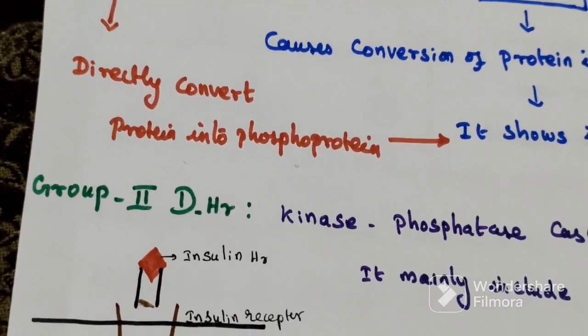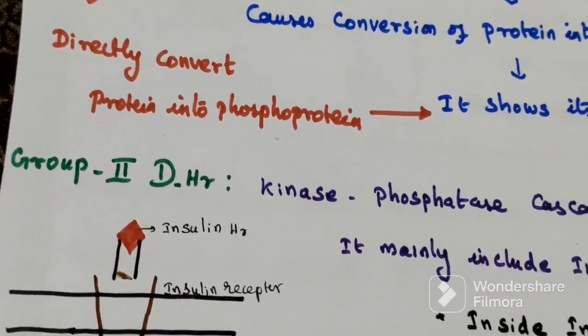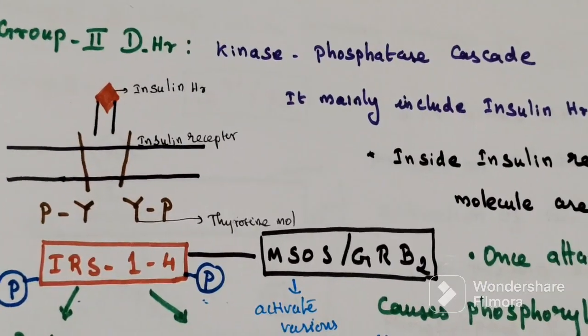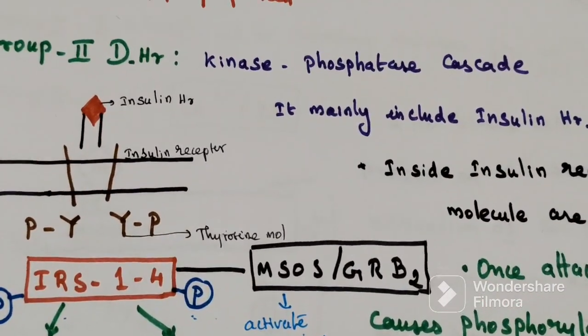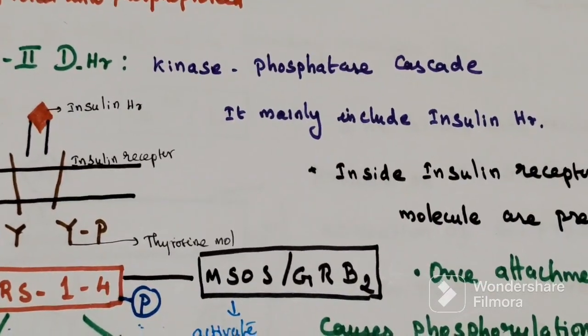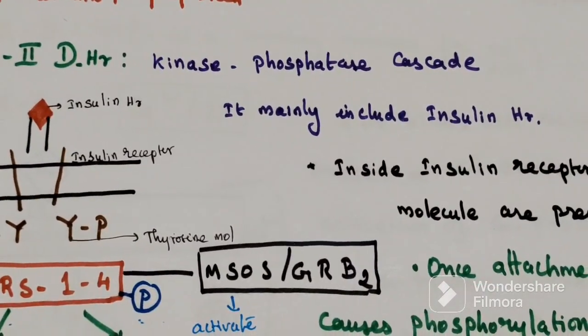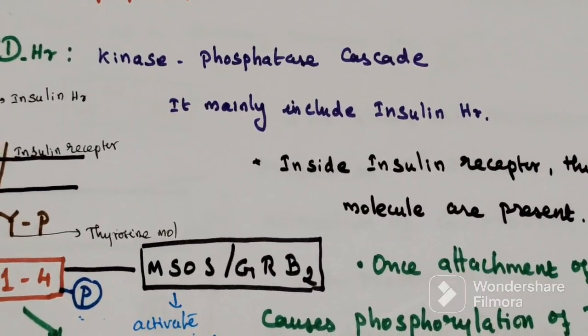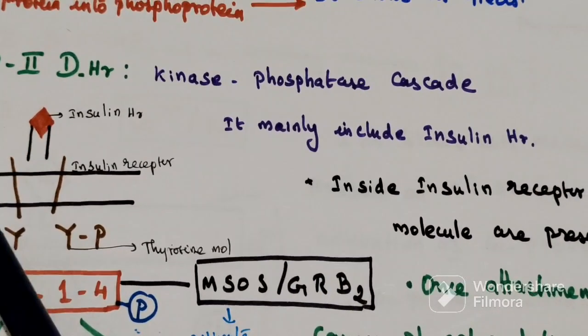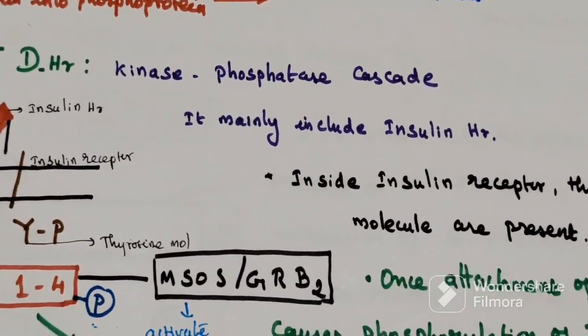Then group 2D hormones. Coming to group 2D hormones, the kinase phosphatase cascade mainly includes insulin hormone, growth hormone, and prolactin. This is the insulin receptor.